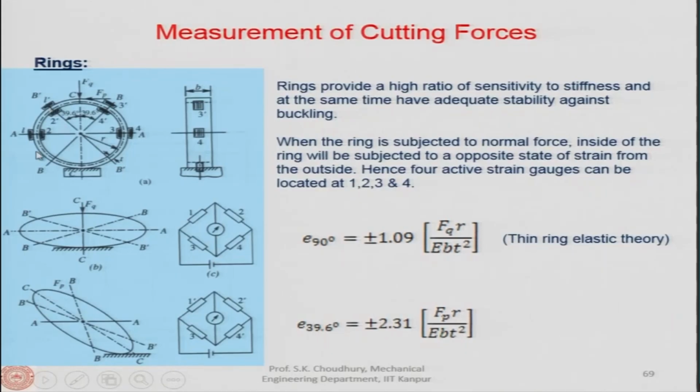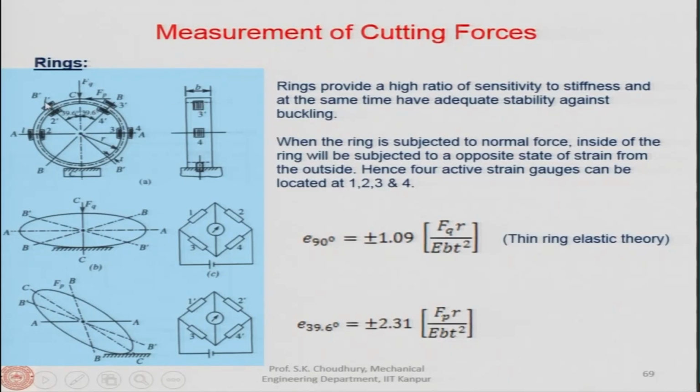Therefore, the AA section in the ring and the B prime section and the B section will have two sets of 4 strain gauges, 1, 2, 3 and 4, and here you can see in the other cross section, other view, these are all the 4. All 4 will not be visible of course, and in this view here you can see that these are coming and visible.